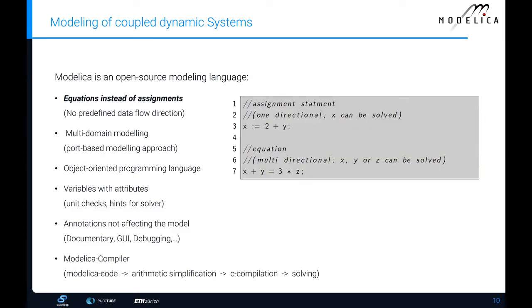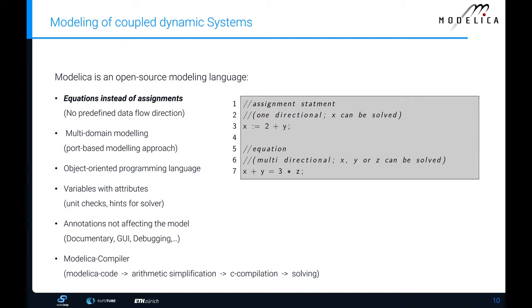I do this kind of modeling with the modeling language Modelica that is excellently suitable for this kind of modeling, and it's suitable for this system physics approach because of these points I pointed out here. For example, you define the correlations with equations instead of assignments.